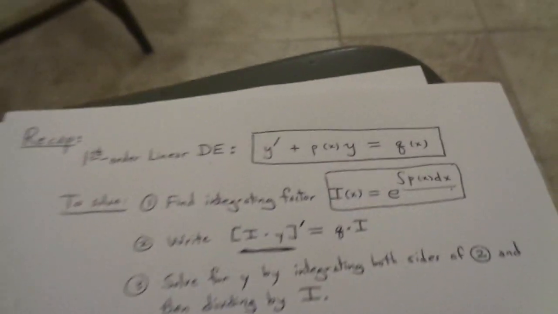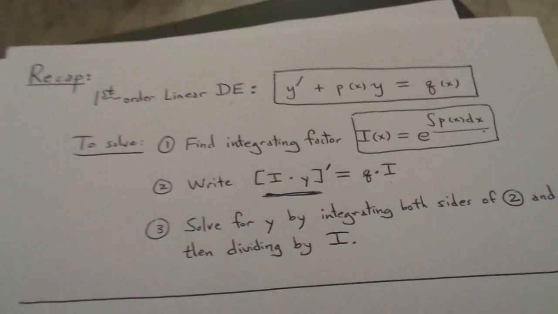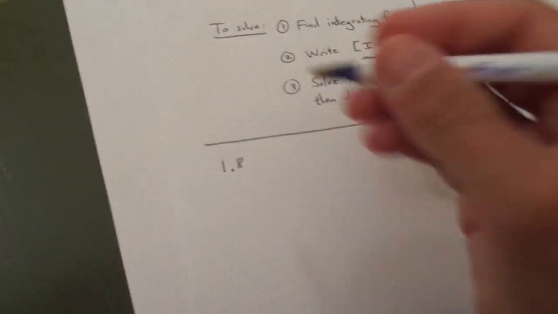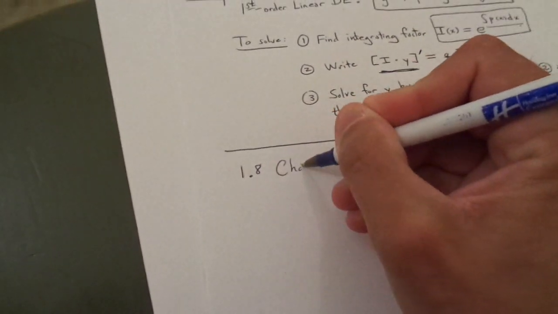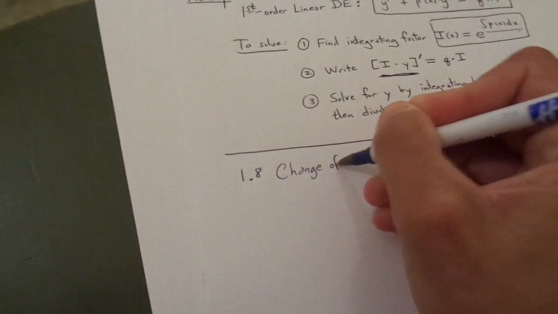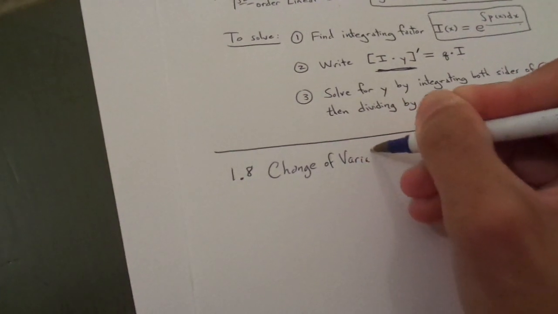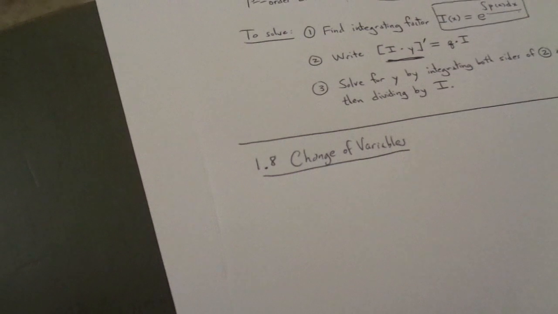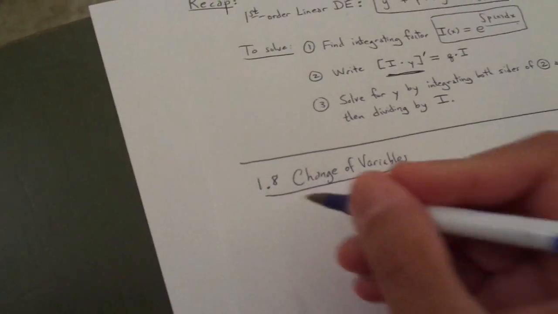What I want to talk about next are two more types of differential equations. In section 1.8 of our book, we're going to talk about change of variables. So what I was talking about a few minutes ago. And there are two specific examples of this.